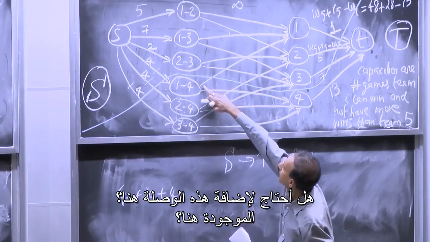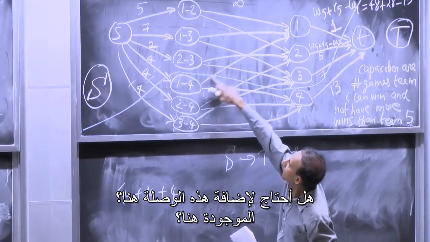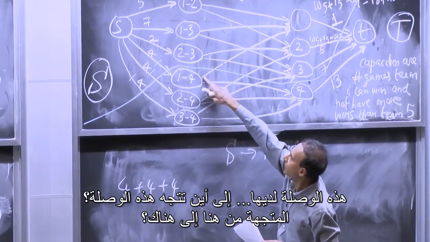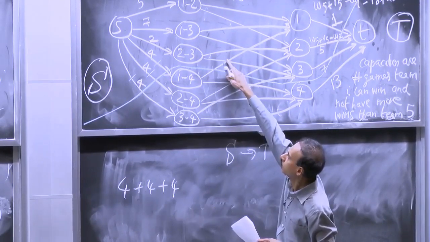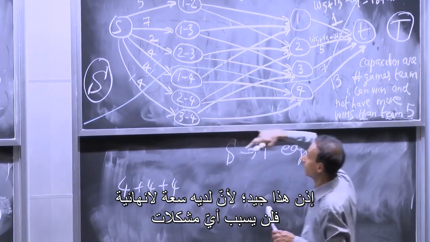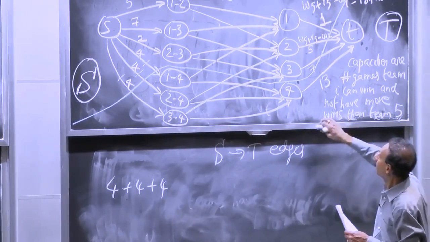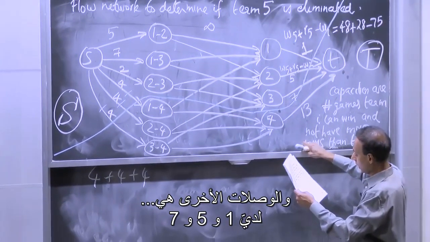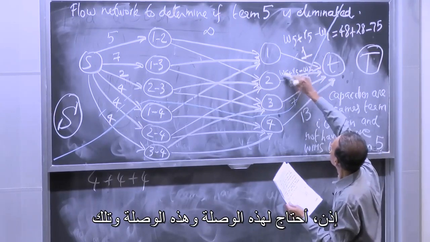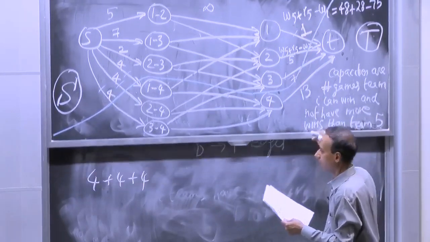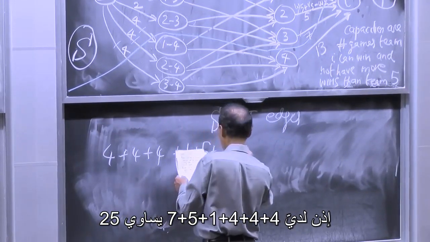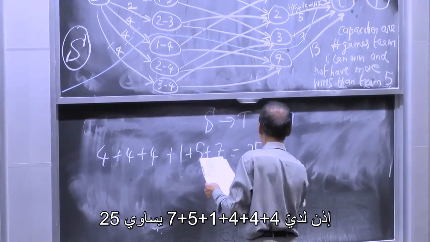Do I need to add this edge in here, over here? Where does this edge go? From this to over there. That goes from T to S, right? So that's good, because that has a capacity of infinity. That would cause trouble. And so the other edges are, I got 1, 5, and 7. So I need this one, and that one. Okay, so 4 plus 4 plus 4 plus 1 plus 5 plus 7 equals 25, right?